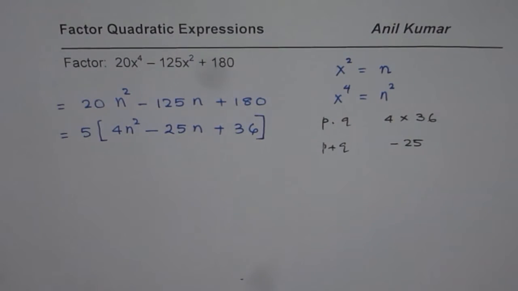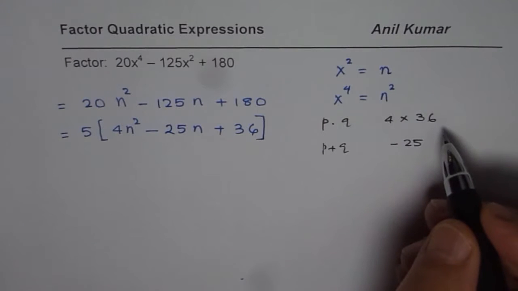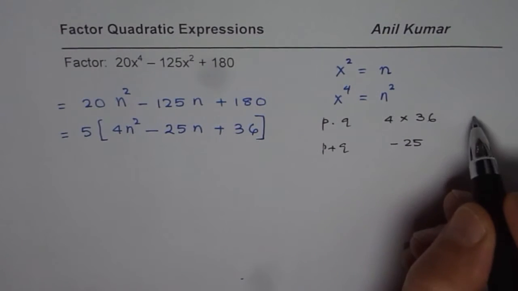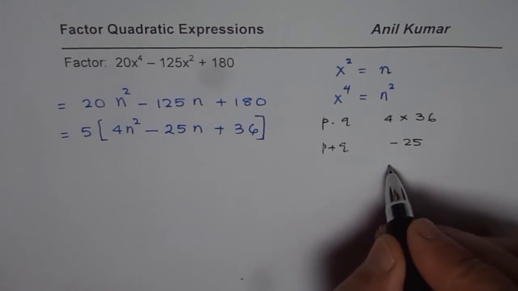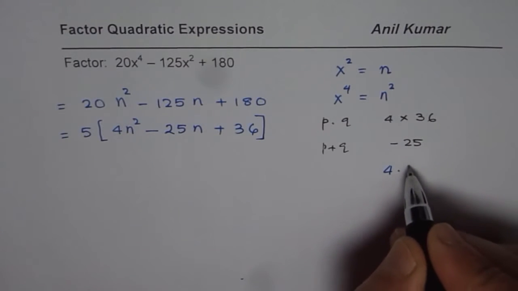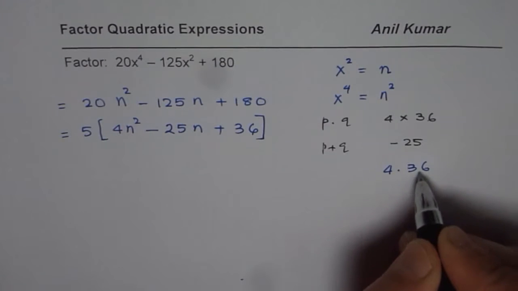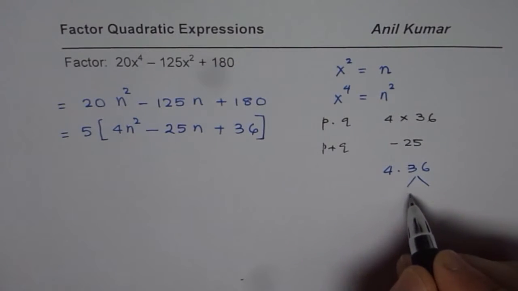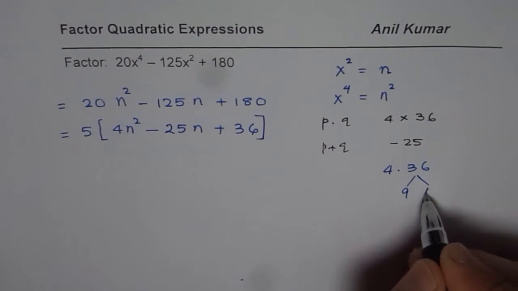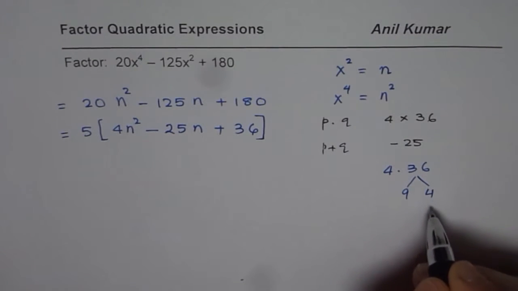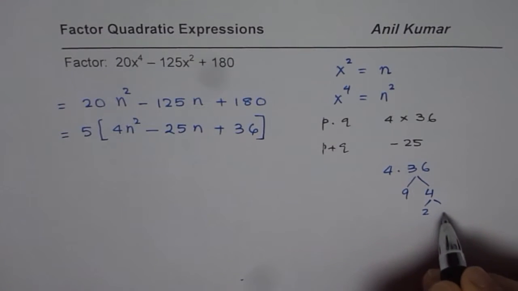Now what are these two numbers? That is what you need to figure out. So let's work it out. You can multiply these and get the product, but what I prefer is to write their factors, 4 times 36, right? Factors of 36 could be, for example, 9 times 4 is 36, and 4 could be further factored as 2 and 2.